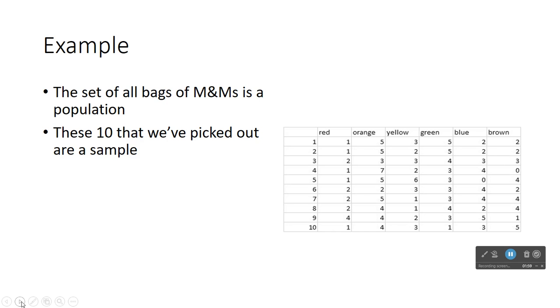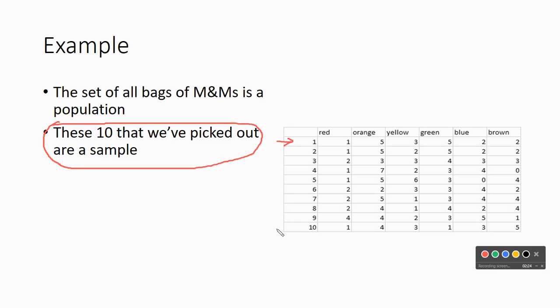That would be the population that would be under study. And connected with that, we would be wanting to take a sample to perhaps study the quality of the M&Ms produced on a particular day. So here we have picked out 10 different bags, and these 10 bags constitute a sample from our population.